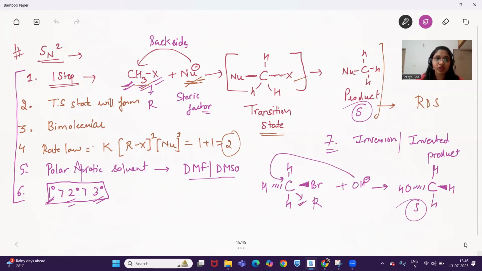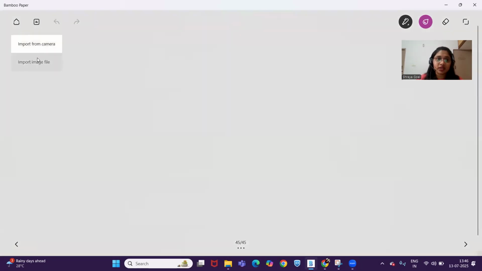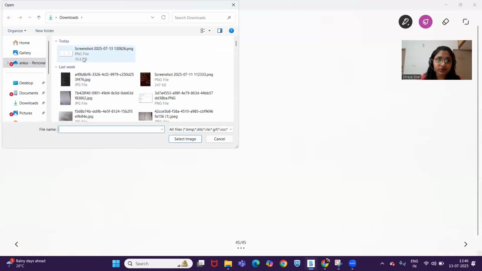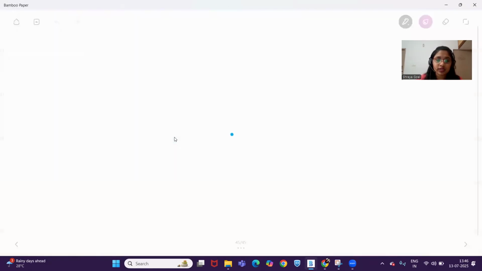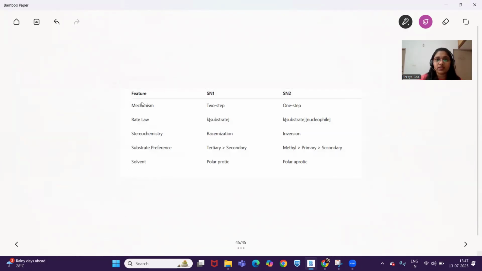In last, we will study the basic differences between the SN1 and SN2 mechanisms. So I will summarize. In SN1, the mechanism was two-step: one is the rate determining step, second is the attack of the nucleophile.